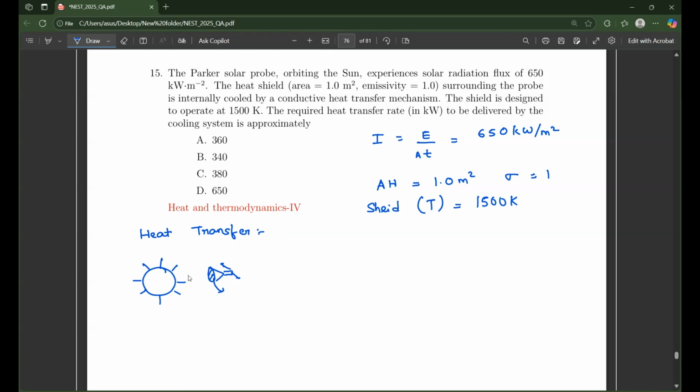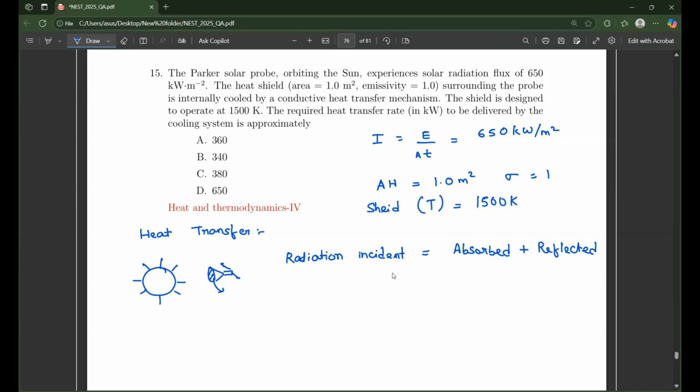The radiation that is incident will be either absorbed or reflected by the Parker solar probe.